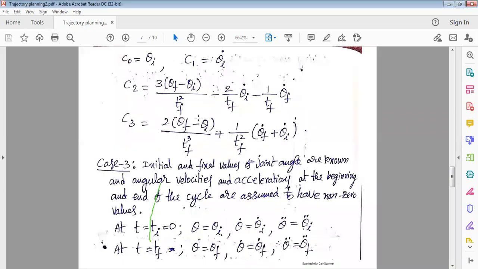So these are the coefficients: c naught, c1, c2 value is this one, and c3 value. After getting these coefficients, you substitute these coefficients in the assumed cubic polynomial function. That will be the final solution.